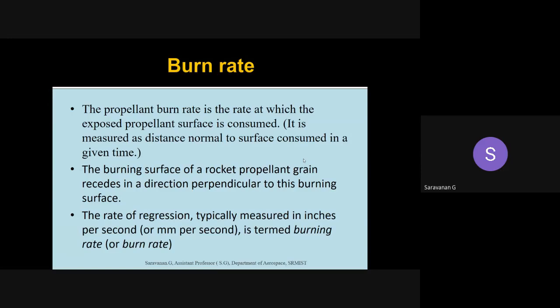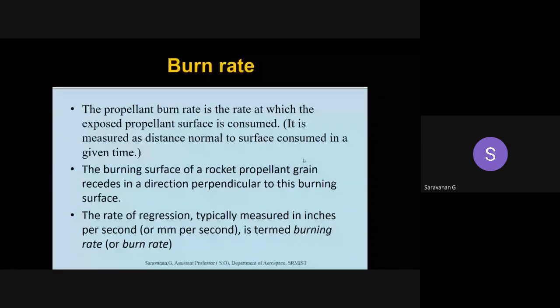The burning may be of three types: progressive burning, regressive burning, and what is the other type of burning? Can anyone answer? Progressive, regressive, and one more.